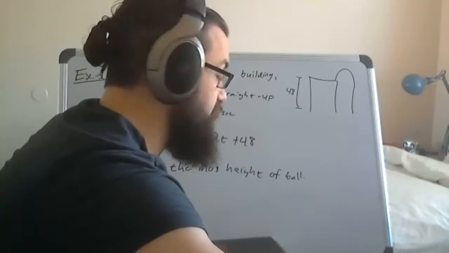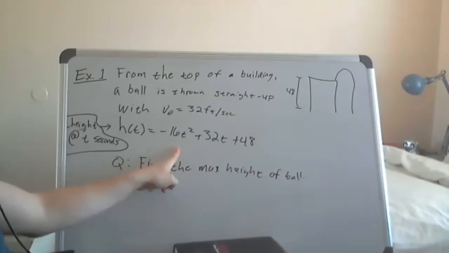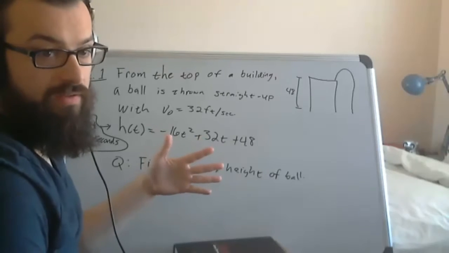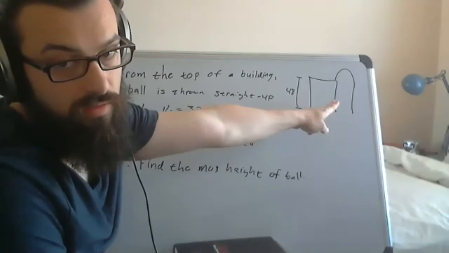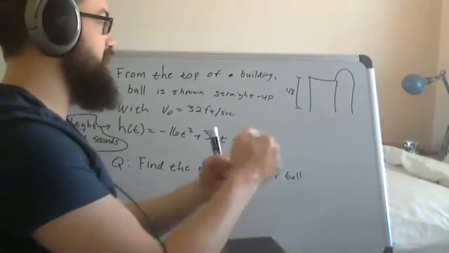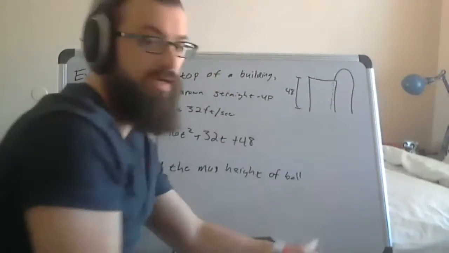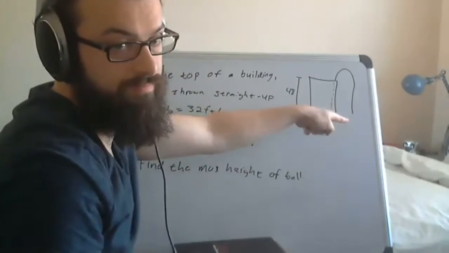Now, notice a couple things. The function given to you is a parabola. You don't necessarily need to graph it or anything to figure out what's happening. Here is the parabola, at least part of it. Technically, there's a little invisible part, but we're just focused on throwing from here all the way down.